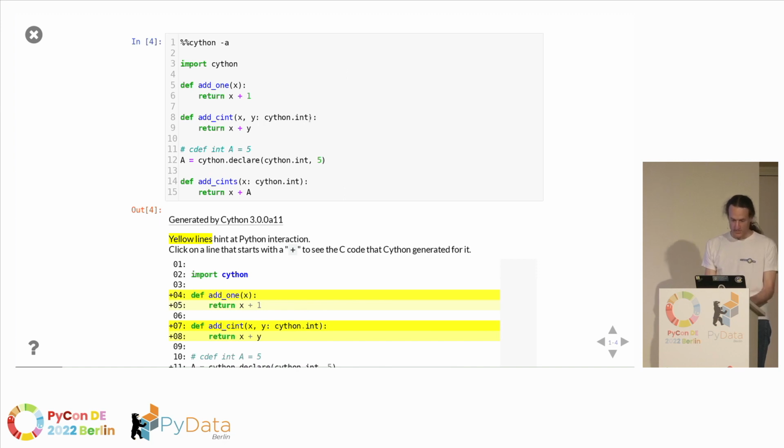So type annotations, you probably know type annotations from Python code. It's using the same feature, except that it's not just saying int or list or dict or whatever, like normal Python data types. Here I'm using a cython.int, which is a C integer.